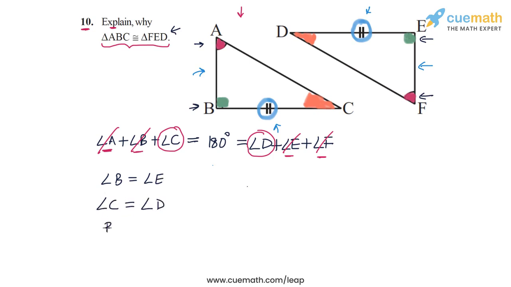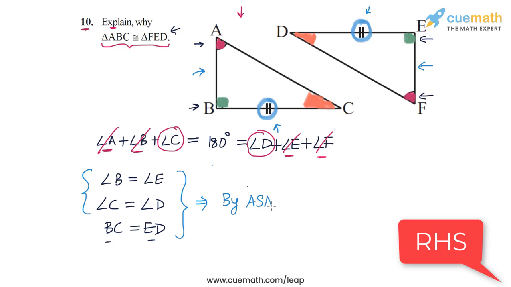And if we take the side pair BC and ED, which is the included side pair for these two pairs of angles, we can now apply the ASA congruence criterion and we can say that the two triangles are congruent. So by the ASA congruence criterion, we have triangle ABC congruent to triangle FED.